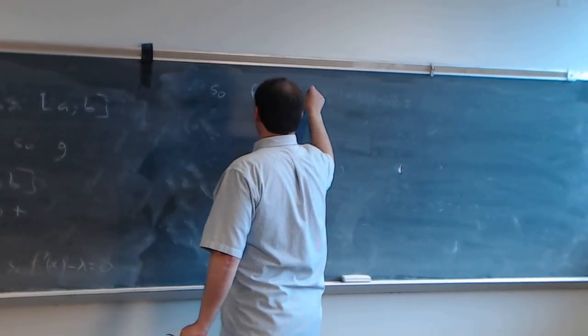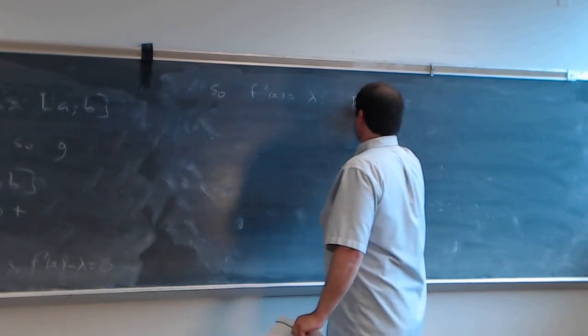So that says that f prime of x has to be equal to lambda. And that's what we wanted to show.